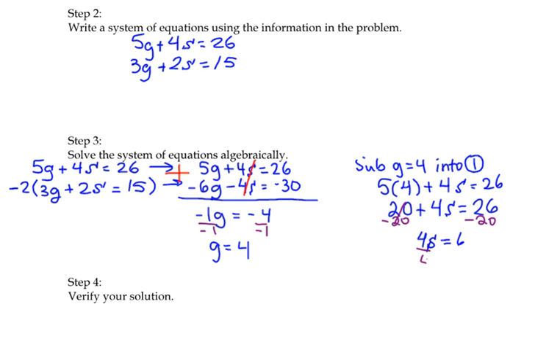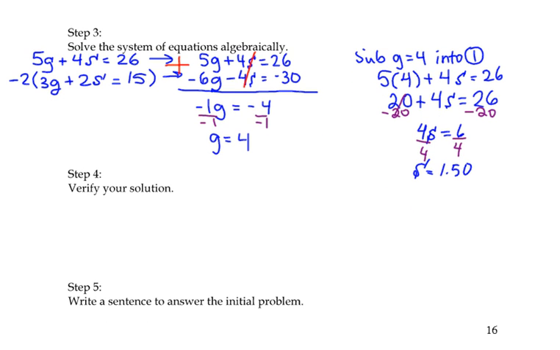Does it make sense that we can have a decimal? Yeah, because s represents the cost. And money can be a decimal. So s equals 1.5, $1.50. Who are we going to check with? 2. So check with 2. And the 2 equation was 3g plus 2s equals 15.